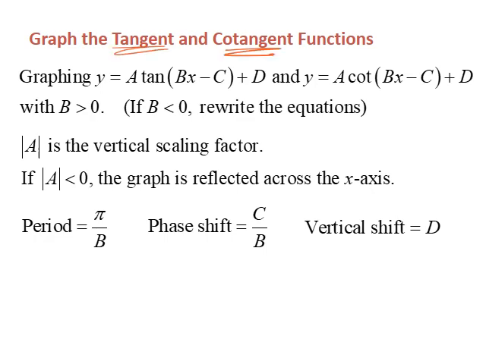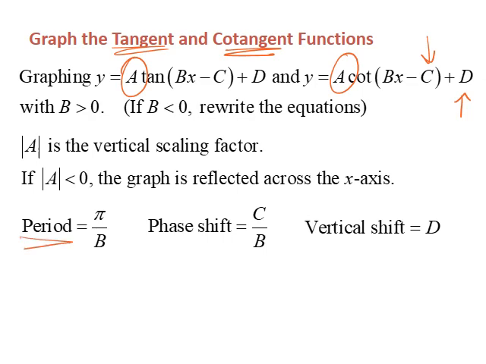And I think students get the hang of it once they dive into it and start working with it. But we will still have a scaling factor. We will still have shifts, so a vertical shift and phase shift.